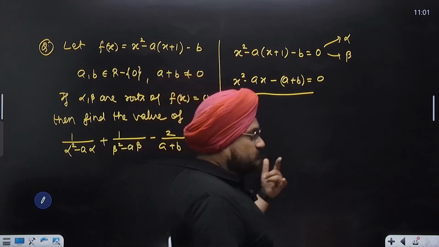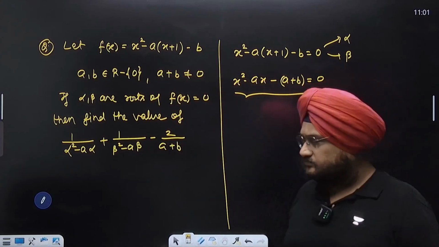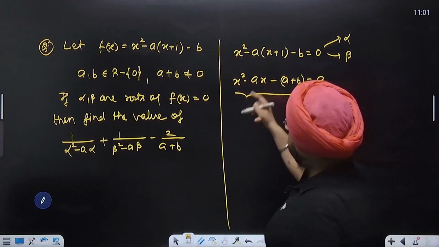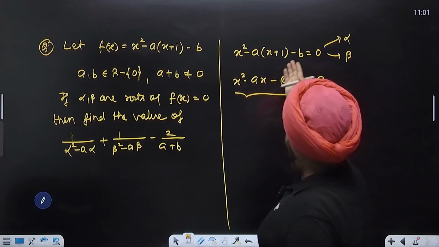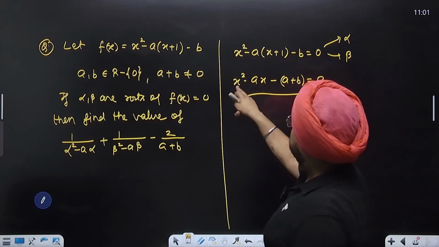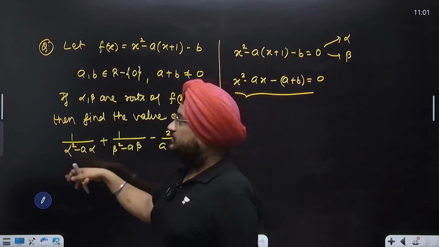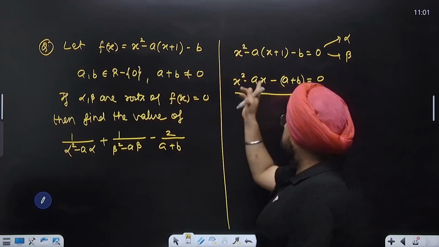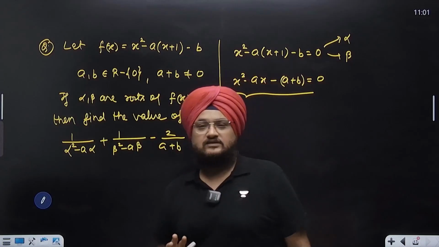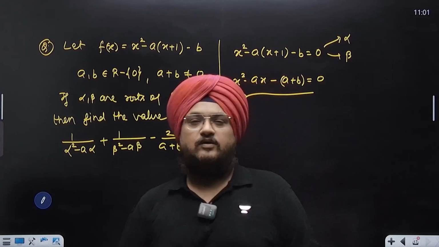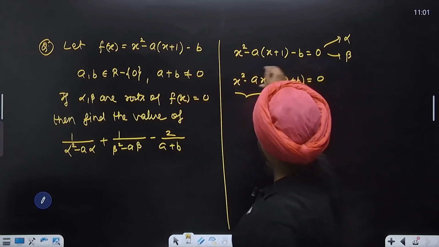If alpha satisfies this equation, then if we put alpha in this equation, we will get alpha square minus a alpha, and if we put beta in that equation, we will get beta square minus a beta. So it will become a quite simpler problem if we go through the equation.